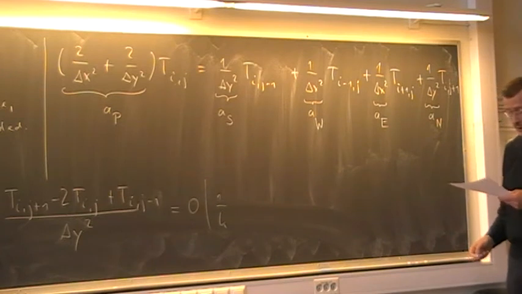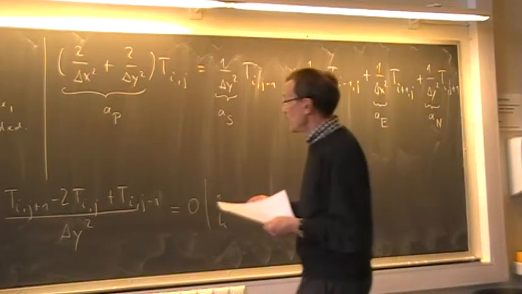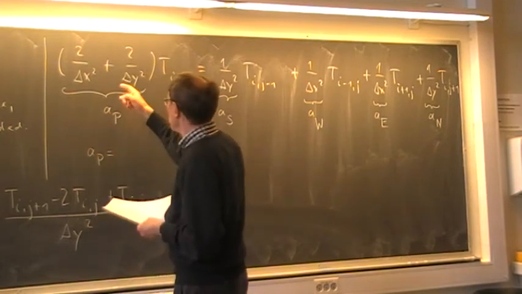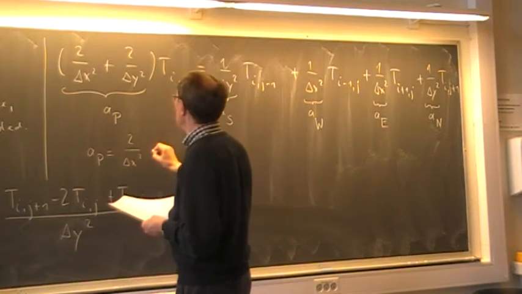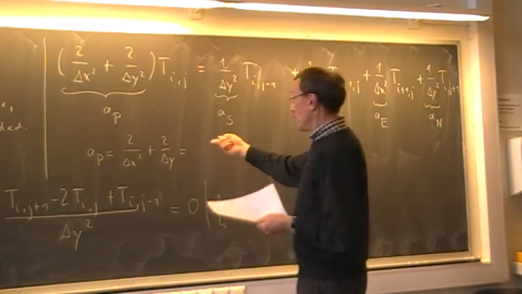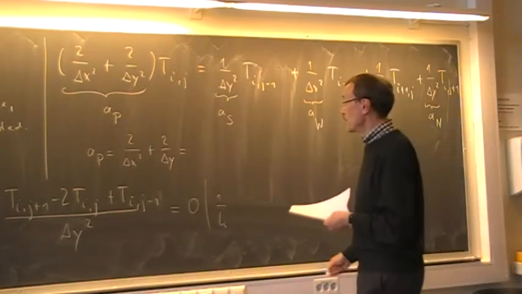So then we have identified the coefficients, and what is common for this is the fact that the center coefficient, the AP coefficient, I can write it here again, is 2 over delta x squared plus 2 over delta y squared. And you see that is actually the sum of all the other coefficients.